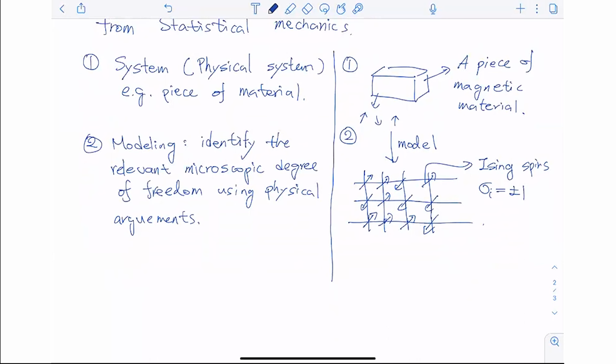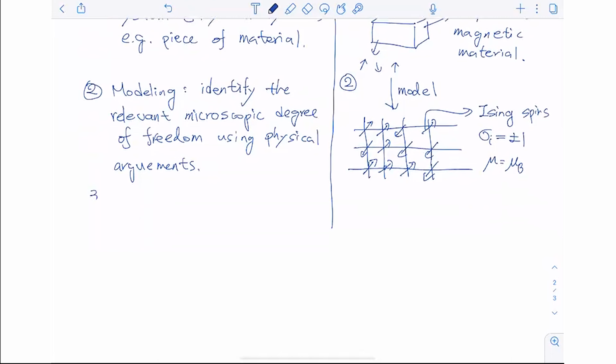Here we are assuming the magnetic moment to be in the correct unit of magnetic moment, for example, maybe the Bohr magneton. Okay, so that's the second step: we identify the corresponding degrees of freedom. And then we probably also need to identify how these little degrees of freedom interact with each other. So that's the next step.